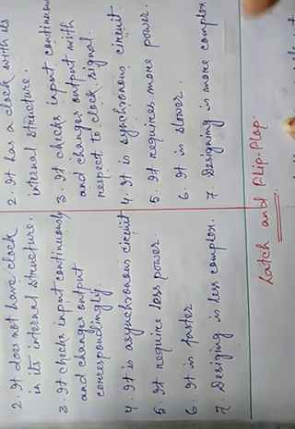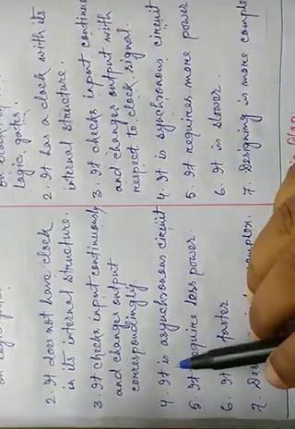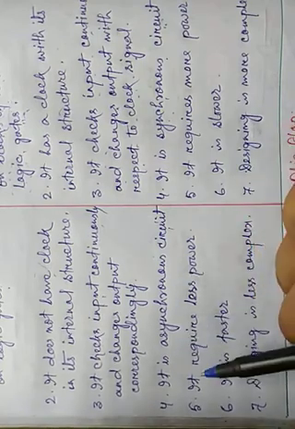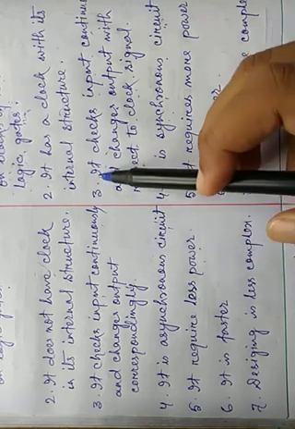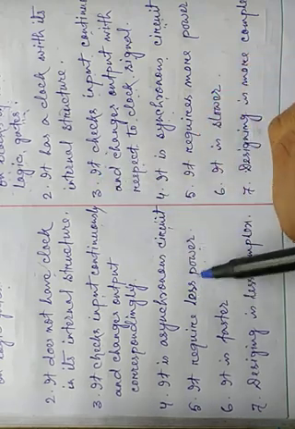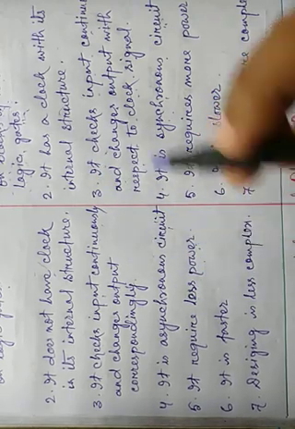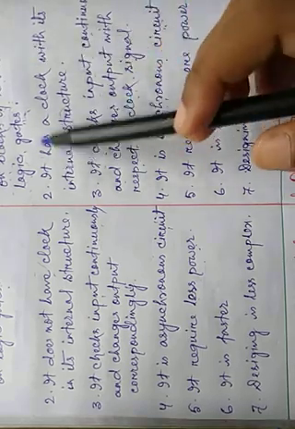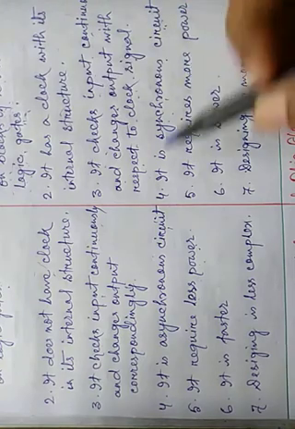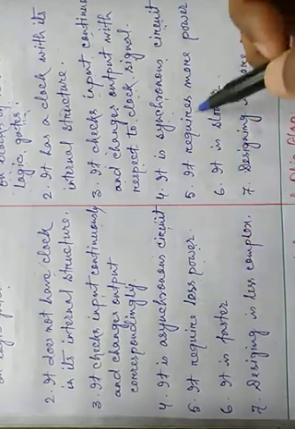A latch requires less power as there is no clock signal and no extra power consumption. A flip-flop requires more power as there is a clock signal, an extra logic circuit.